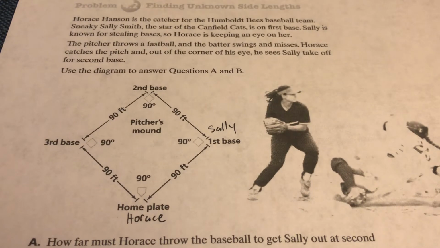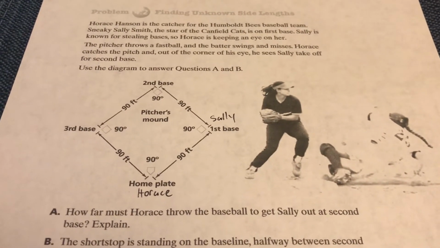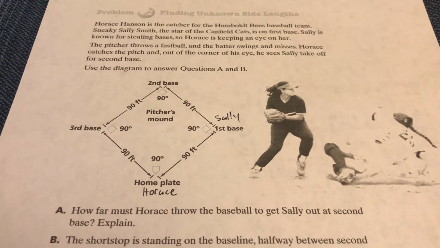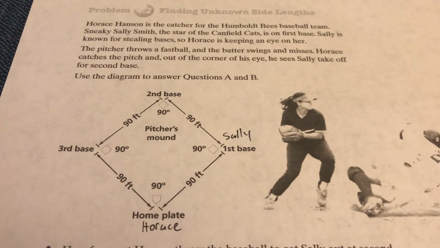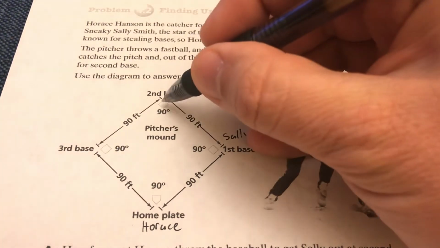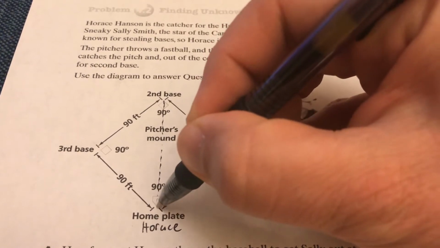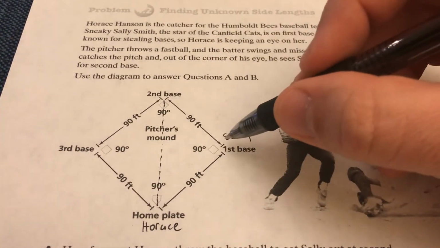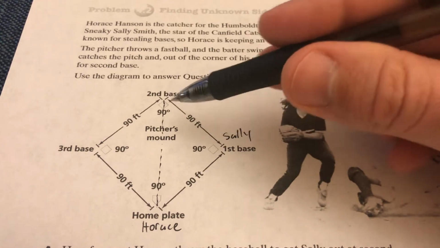So question number 1 says, how far must Horace throw the baseball to get Sally out at second base? So we're trying to find the distance between home plate and second base. That's going to be this distance right here. Now if you notice in the corners, every baseline turns at a 90-degree angle.